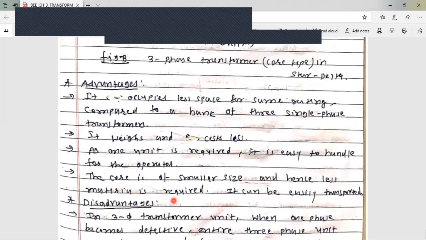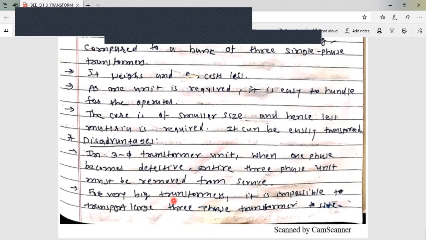Okay. So, the disadvantage. In a three-phase transformer unit, when one phase becomes defective, the entire three-phase unit must be removed from service. So this is a very big disadvantage of this single unit of three-phase transformer.